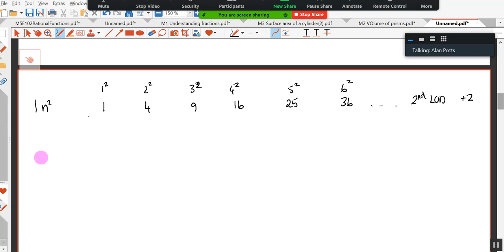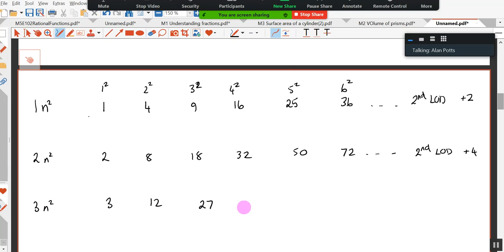Then let's do 2n squared, and that's 2, 8, 18, 32, 50, 72, and so on, right? And I'd have worked out that the second line of difference would have been plus 4. And then we'd have gone on for 3n squared, which is 3, 12, 27, 48, 75, and so on, right?